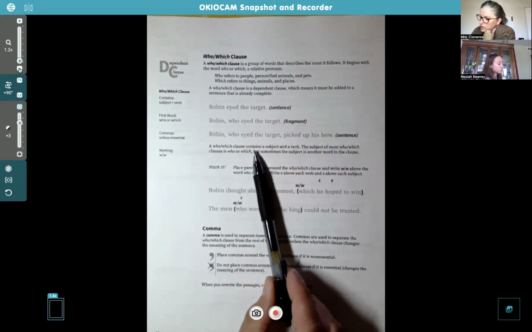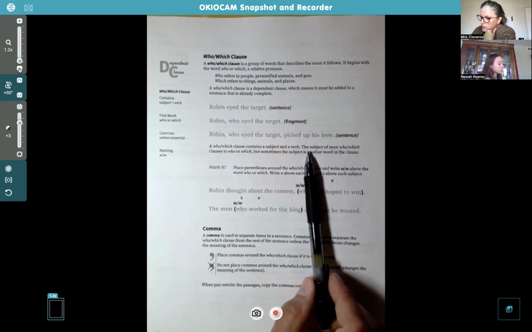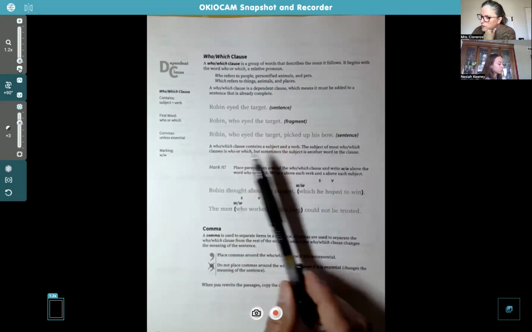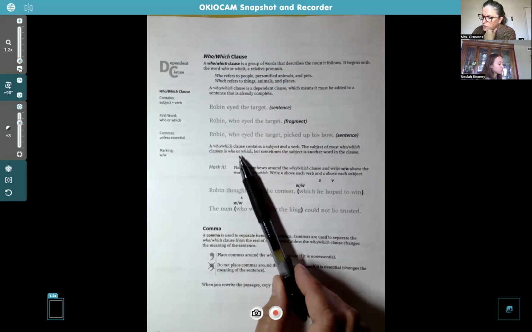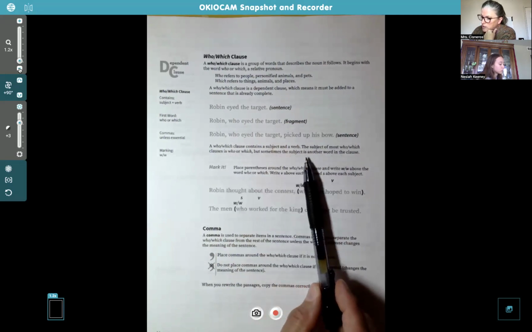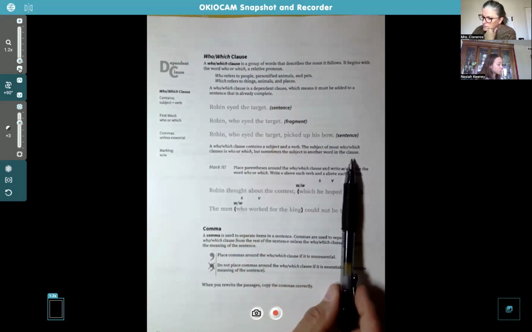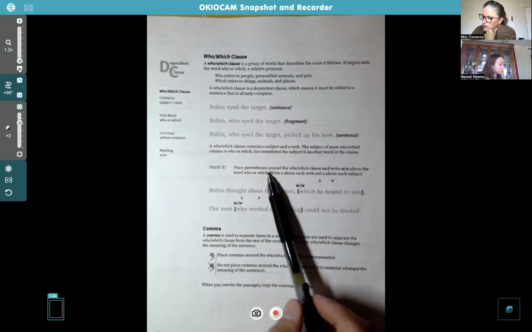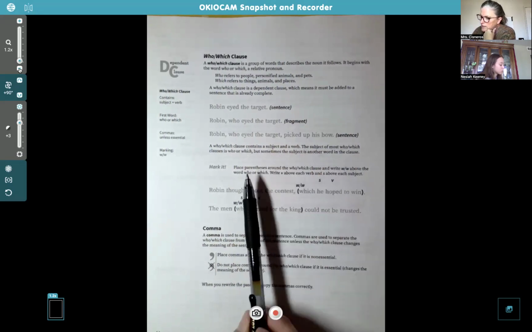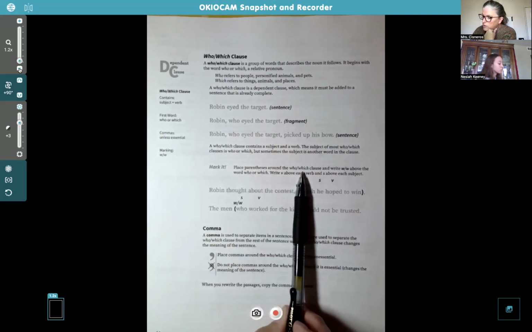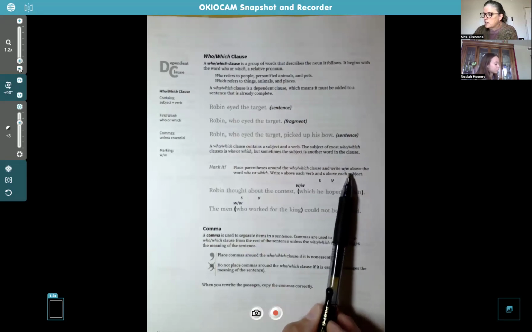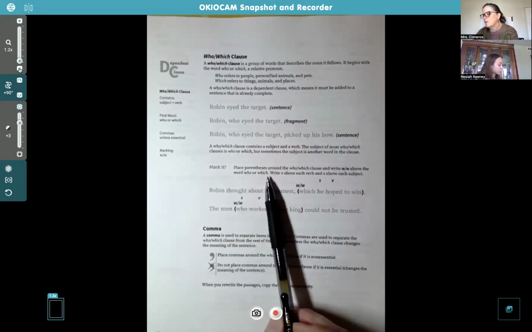A who which clause contains a subject and a verb. That's true. The subject of most who which clauses is who or which, but sometimes the subject is another word in the clause. A lot of times it's just who though. And place parentheses around the who which clause and write W/W above the word who or which.